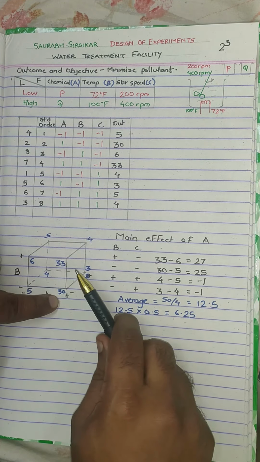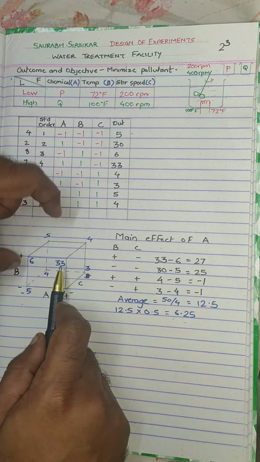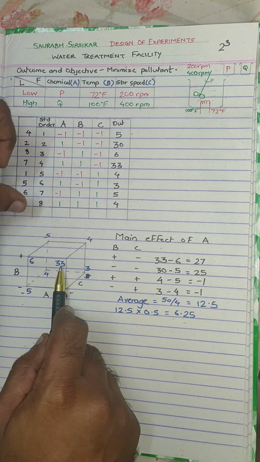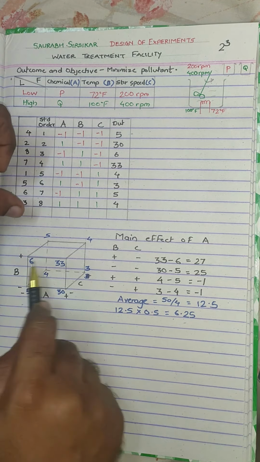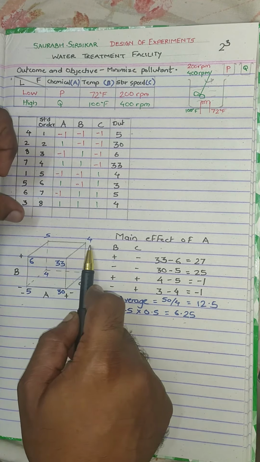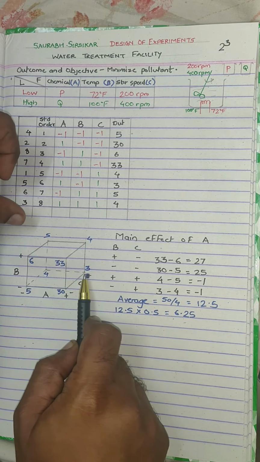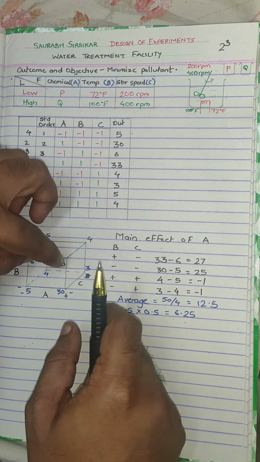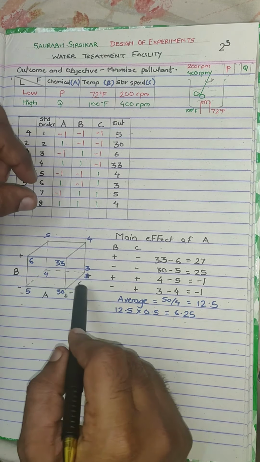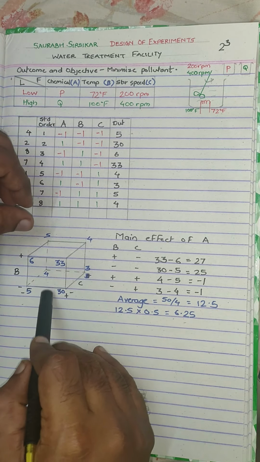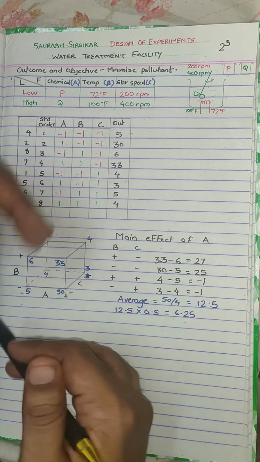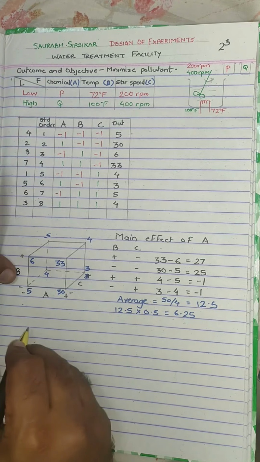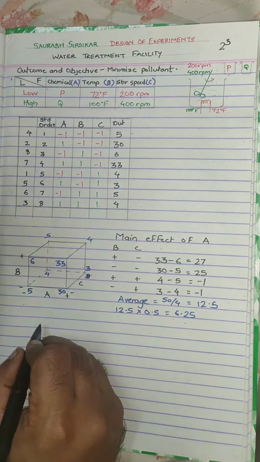On this plane, the front plane, the pollutant changes from 33 to 6, but when we have a higher level of C, the pollutant changes from 4 to 5. So there is a lot of change happening on this plane. So we come to know that factor A and factor C have some interaction effect going on. Let us calculate that interaction effect of AC.